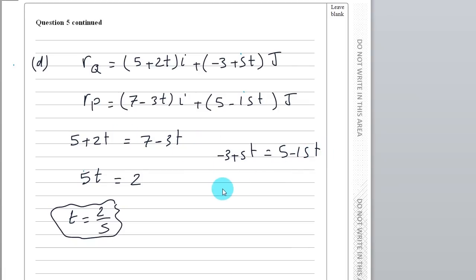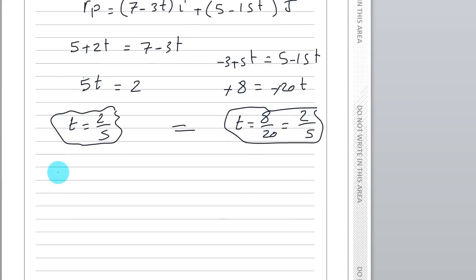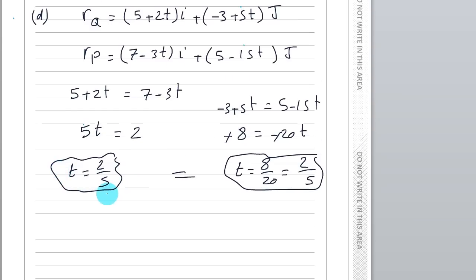So minus 8 is equal to minus 20t. So t is equal to 8 over 20, divided by 4, equal to 2 over 5. So the same value of t, so yes, we have a collision, and the value of t at collision is equal to 2 over 5.